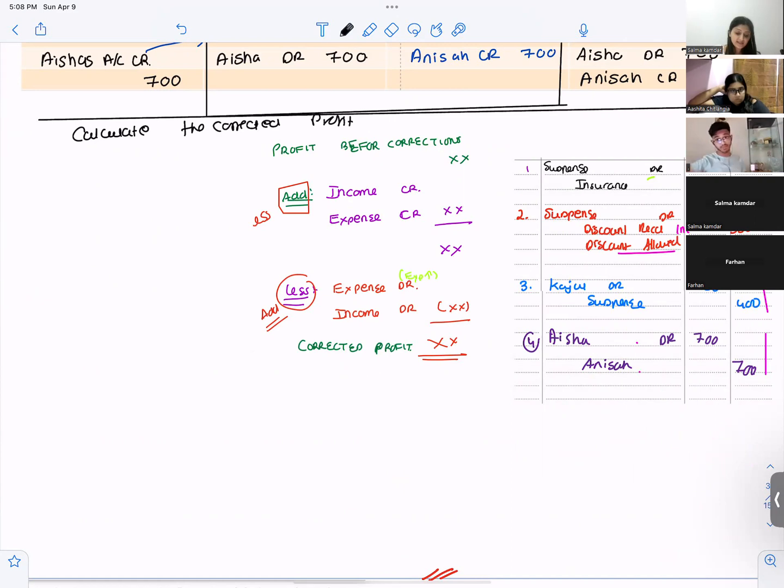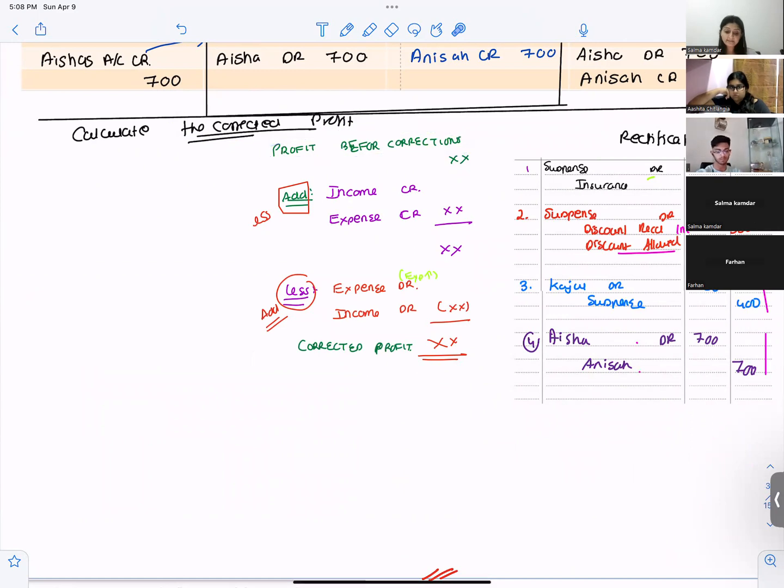Your first thing that you need to have is your rectification entries. We already passed the rectification entries. What do I have to find out? The corrected profit. So when you have to find out the corrected profit, your first starting point will be to take the profit before correction.